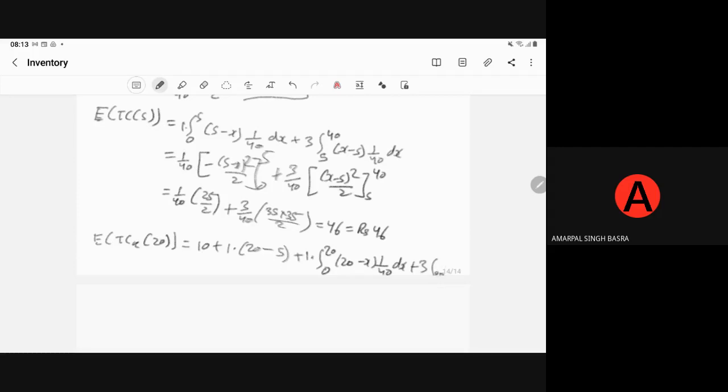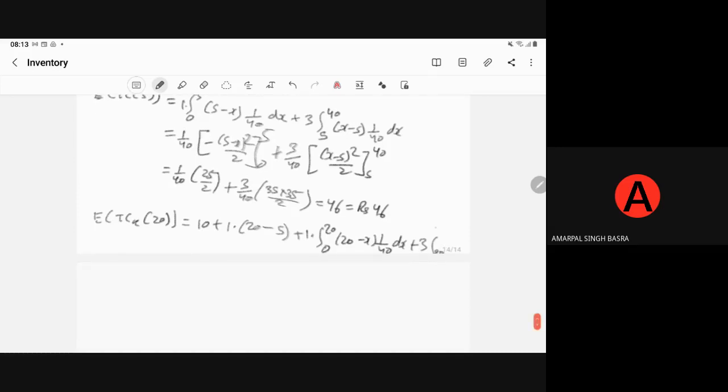It is 20 to 40, and the quantity of shortage is (x minus 20) 1/40 dx. Is it clear, or do I have to rewrite? Plus 3, 20 to 40, (x minus 20) 1/40 dx.